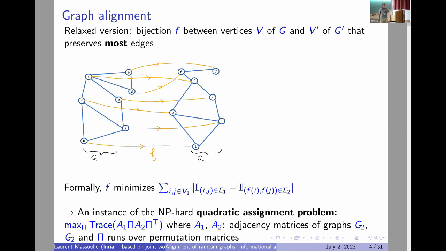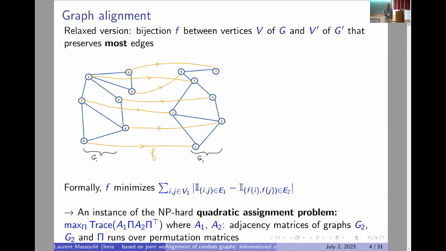You have a cost Cij of associating i to j, and you're asking for the matching from the vertices on the left to the vertices on the right that maximizes the sum of the rewards or minimizes the sum of the costs. So a linear assignment problem can be solved in polynomial time, whereas the quadratic assignment problem is known to be an NP-hard problem.